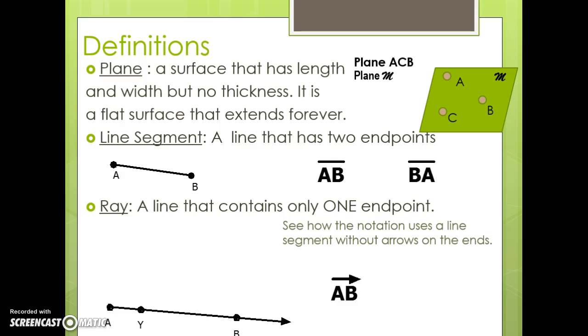It's a little miniature of what's actually happening in real life, just like the street signs that we saw, right? You can also call this one ray AY. Notice it still starts at A, goes through Y, and keeps going forever and ever and ever.